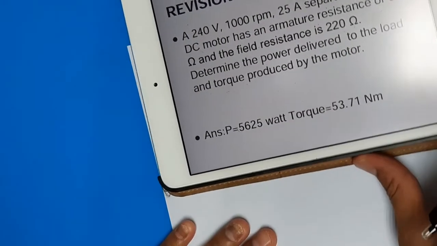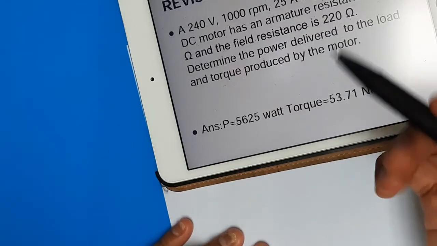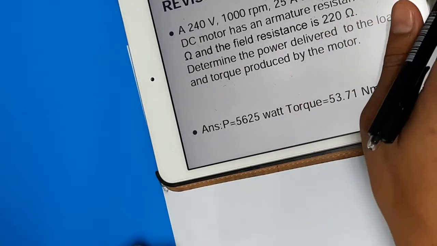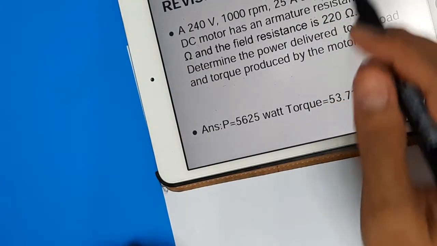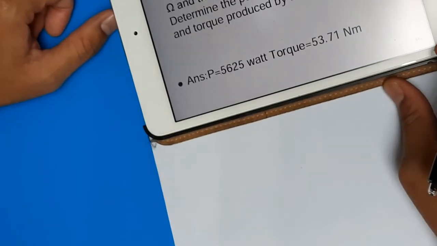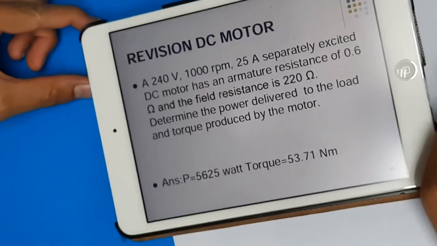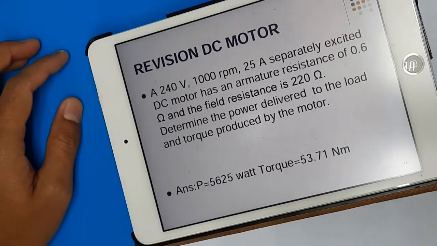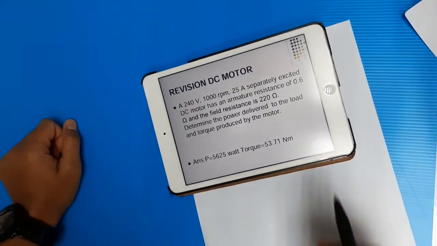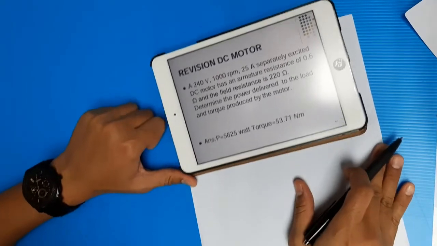First thing first, when you get a motor question, you have to identify the type of motor used, because different types of motor give different results. For this question, it is separately excited.